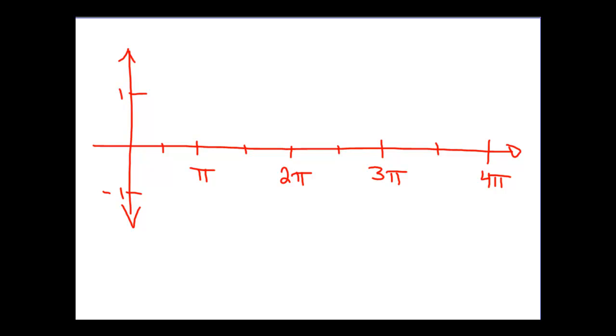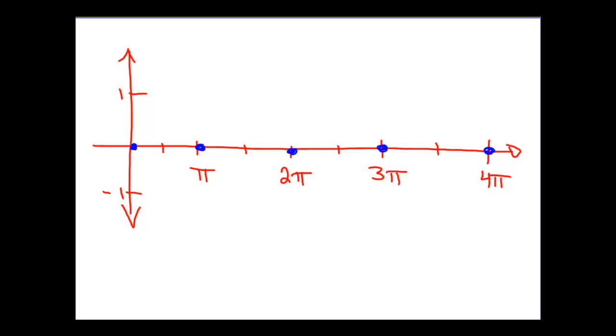We can generate a graph of the sine function by thinking about some of the values we know. We know that when the angle is 0 radians, sine is 0. We know that when we're at pi, or 180 degrees, the y-coordinate goes back down to 0 again. And the same at 2 pi, 3 pi, and 4 pi.